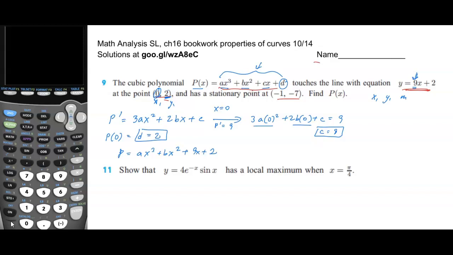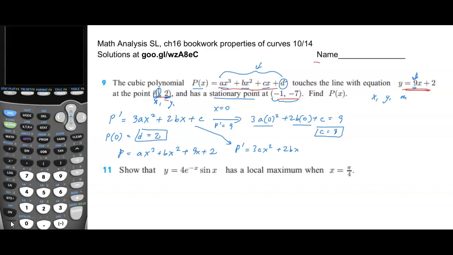We also know that the p function has a stationary point at (-1, -7). This is also useful because we can use the derivative again. Now the derivative, we know it partially. We don't know what the a value is. We don't know what the b value is.